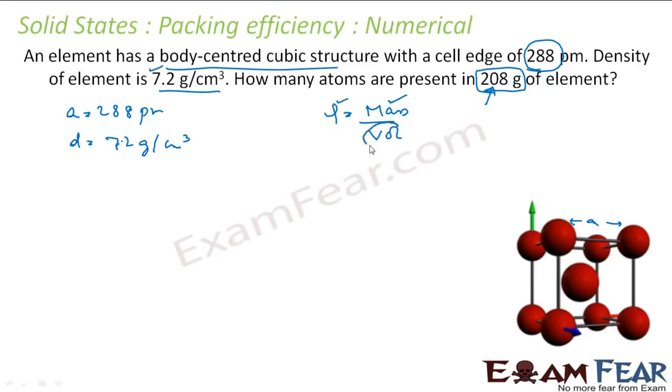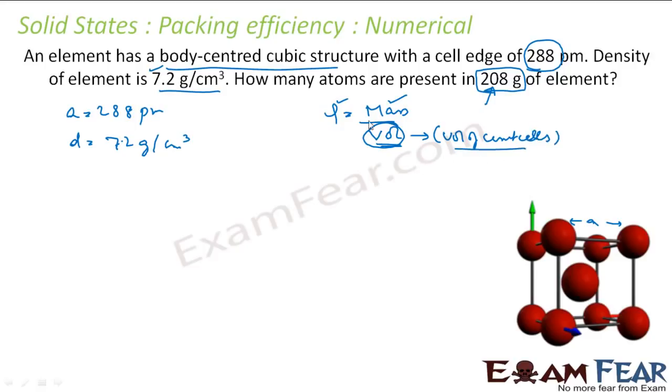So I can actually find the volume of my 208 grams of element. If I can find the volume of this, I can find the number of cells easily, because this volume which I get is nothing but my volume of unit cells. Correct.